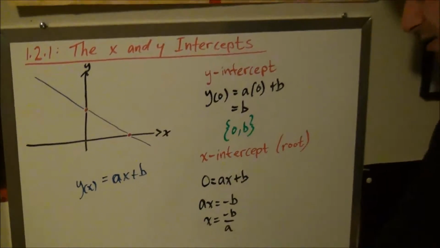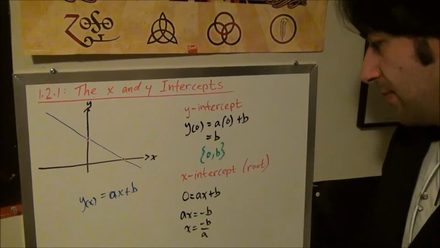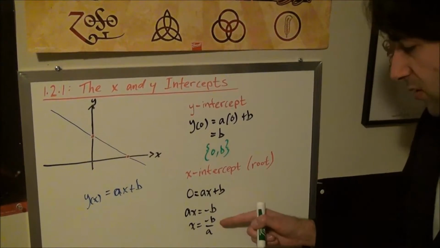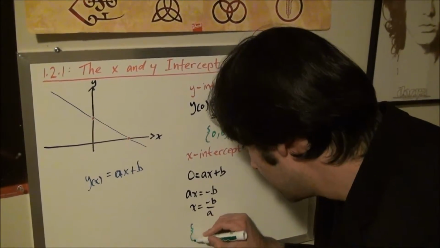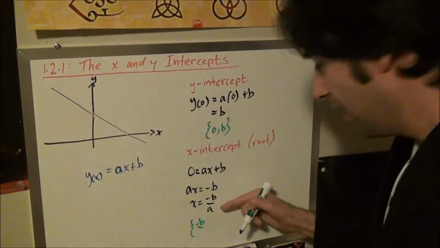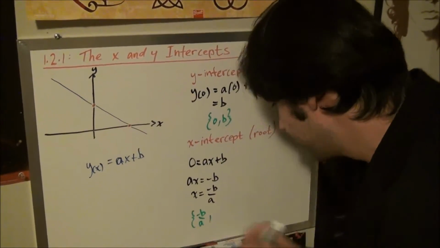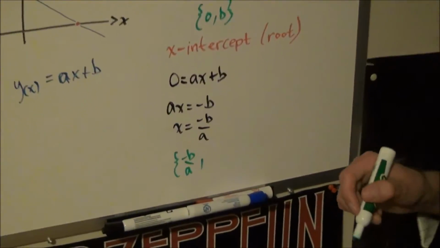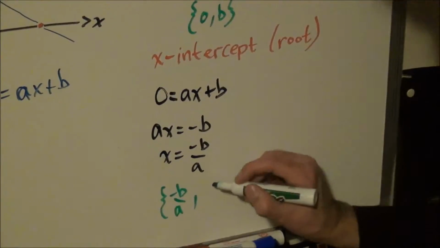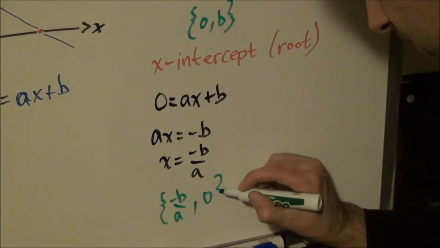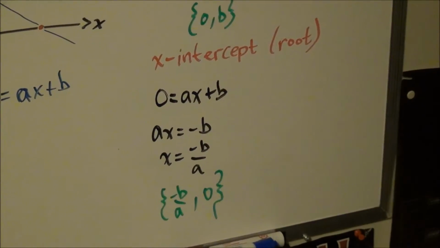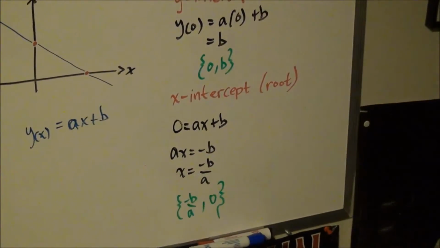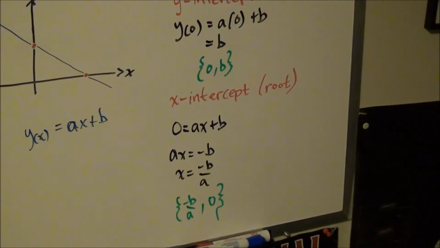Now this gives us the point of the x-intercept, because the first coordinate x is equal to minus b over a, and our y-coordinate is equal to 0. And therefore, we have found the y-intercept and the x-intercept.